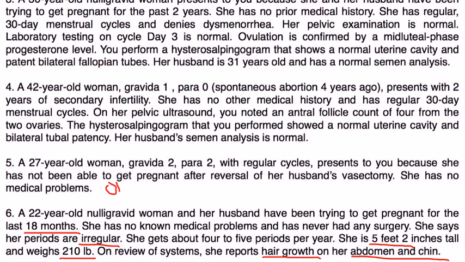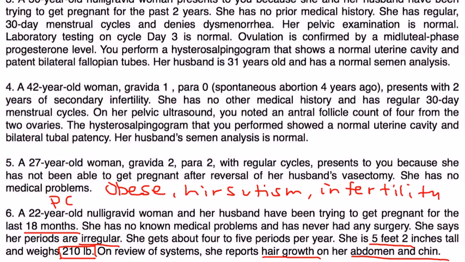Okay, well, this patient is obese. She's quite heavy for her height, and she has this hirsutism. And then, obviously, she's coming to you for infertility. All this points toward PCOS, polycystic ovarian syndrome.